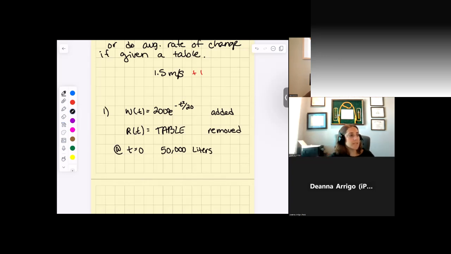But notice that it's the amount of water that's physically in the tank. The table they're giving you is the function for the rate at which the water is being removed, and the function they gave you is for the water being put in.